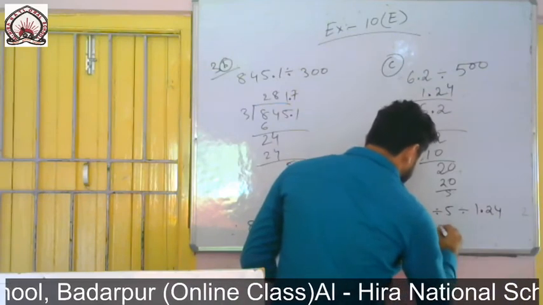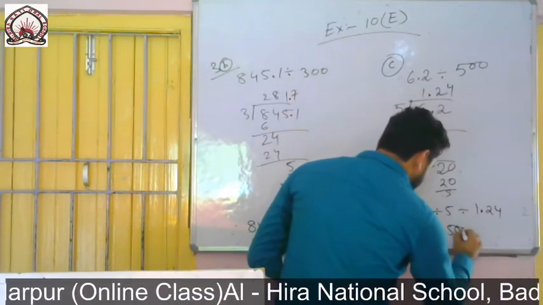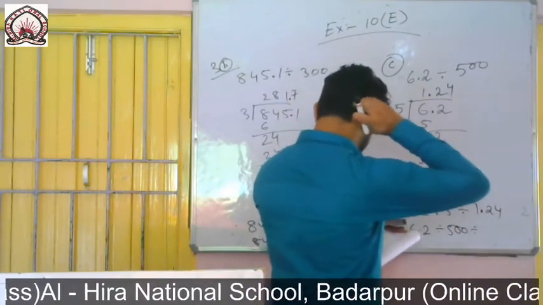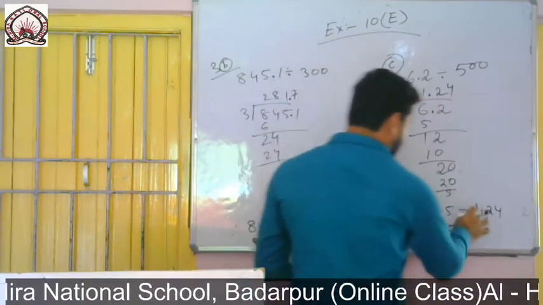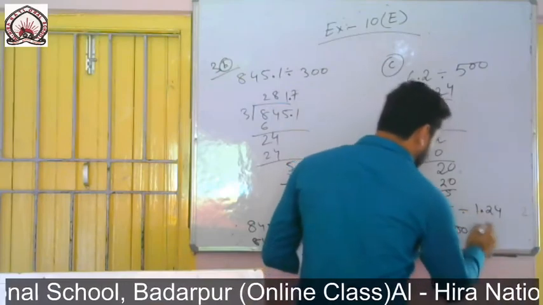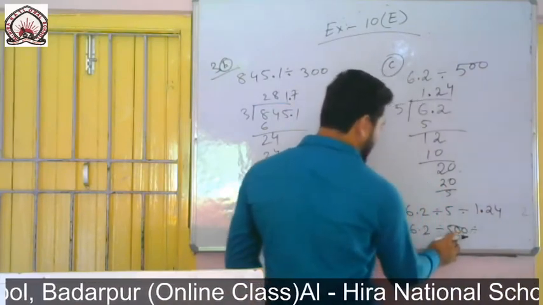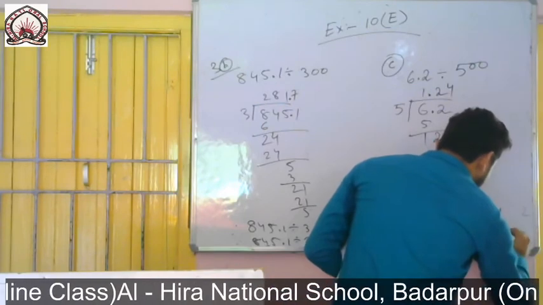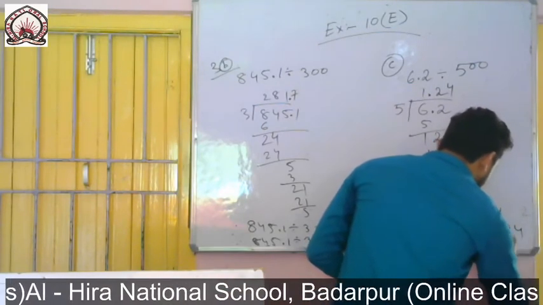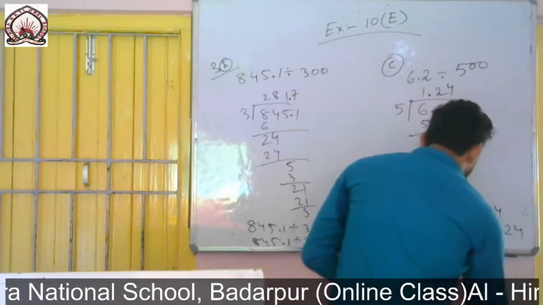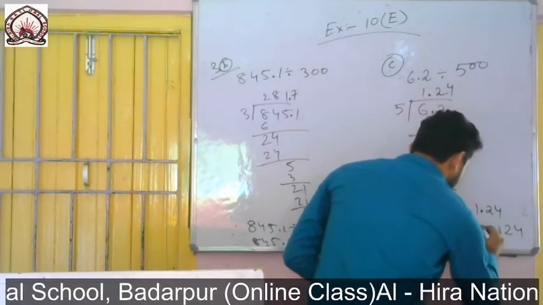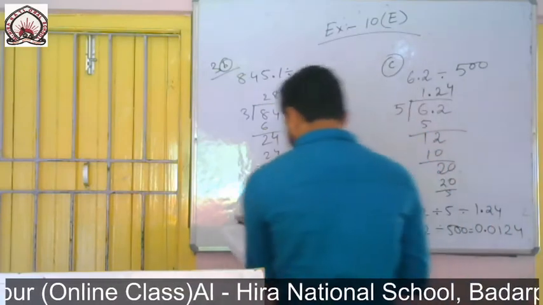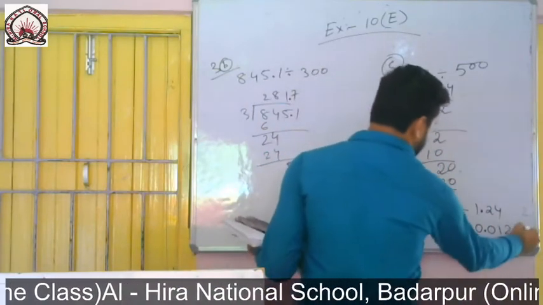Therefore 6.2 divided by 500 will be, you shift 2 places. Here is 1 place, so we'll make it 2 places because there are 2 zeros, so 0.0124. 0.0124 is the required answer.